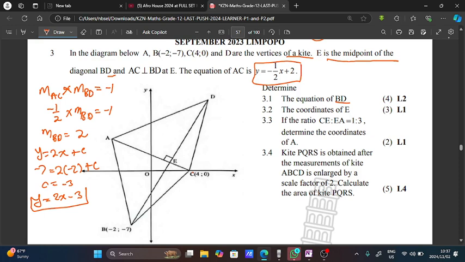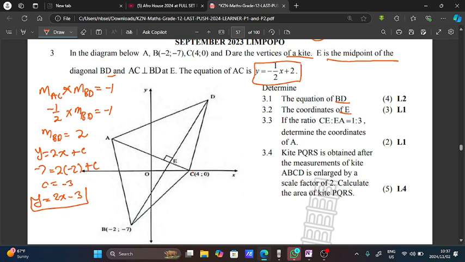What can we do to get the coordinates of E on this kite? What can we do?